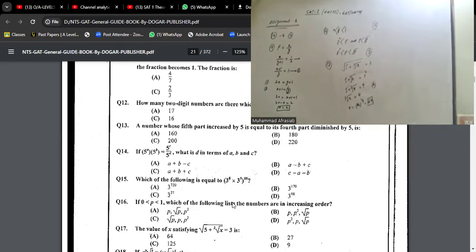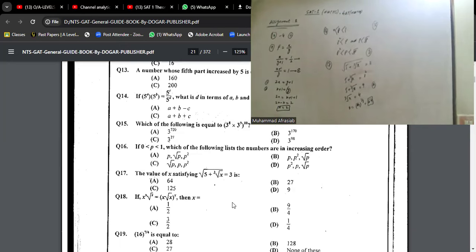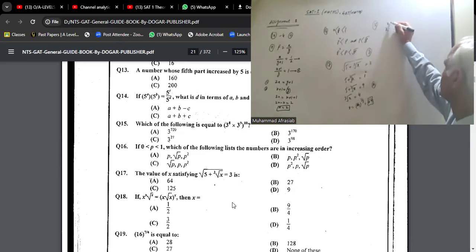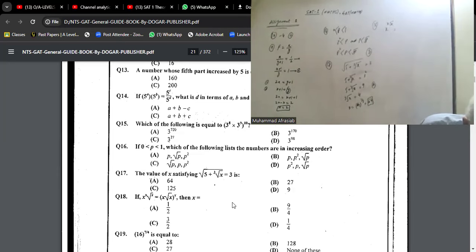Then we are solving question number 18. x power square root of x is equal to x power 1 over, and you are going to find out the value of x.